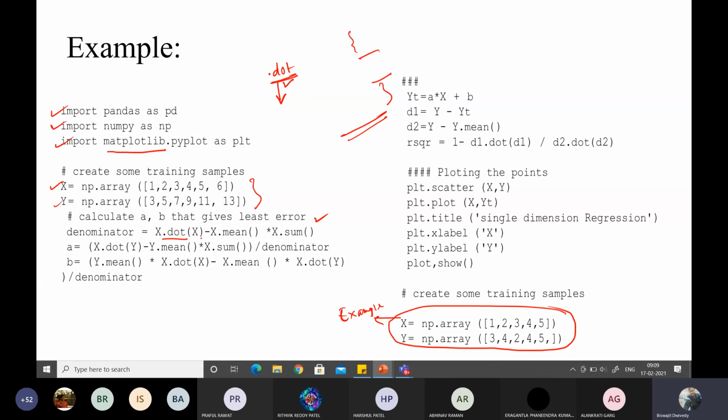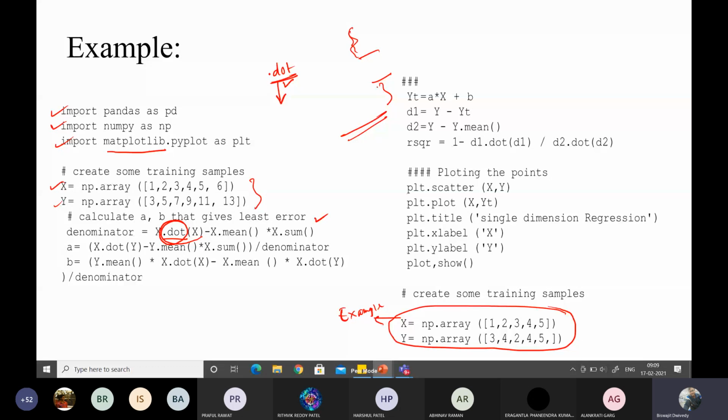So this is the most important function which has been used here. You should understand that whenever we are getting a summation, and inside that some product terms are there, it's better to use this dot product, the dot product of vectors. So no need to go for these loops.